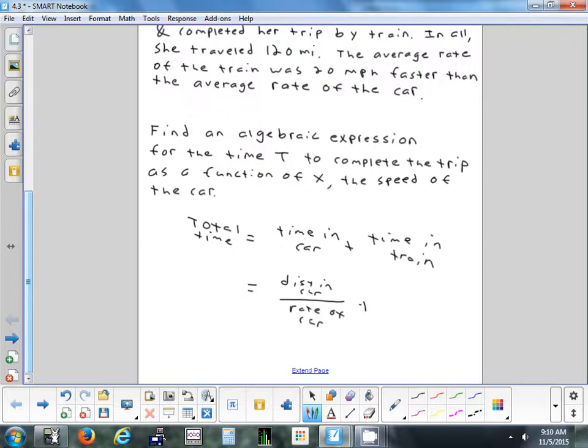And then we also have to find the distance we travel in the train, and we have to divide by the rate of the train. So if we can find how far we go on the train and how fast the train was going, distance divided by rate gives us time.